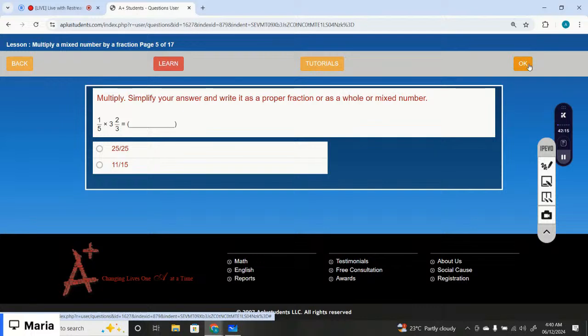The correct option is 11 over 15. Option number 2 is the correct option. Okay, you can complete the lesson by yourself later today.